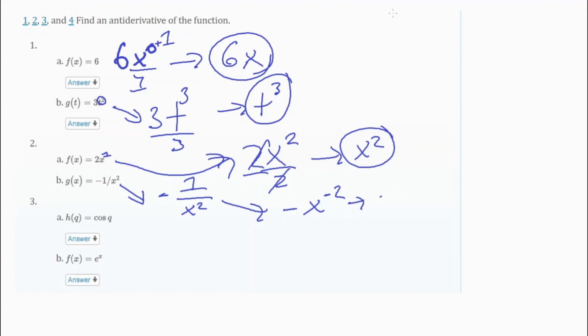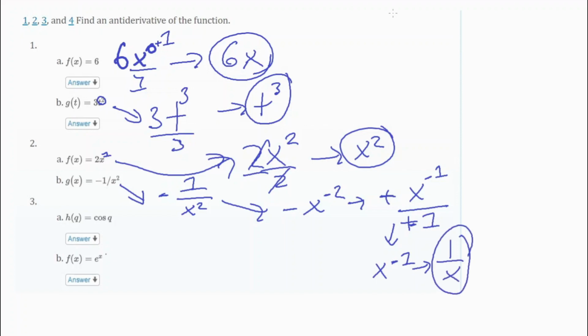But if we do that, we're going to have negative x to the negative 1 power divided by negative 1. So we have two negatives, that would just cancel out, we would have a plus. So if we simplify that, it's going to be just x to the negative 1 power, which is also 1 over x. So that would be our antiderivative of that.